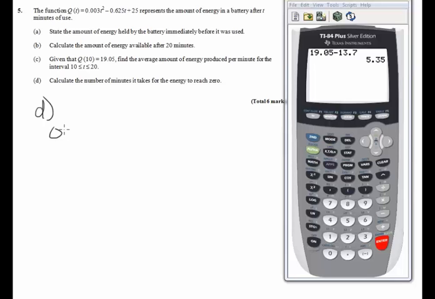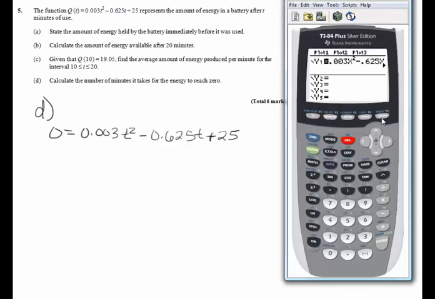So 0 equals, because I need to find the number of minutes, which is t. A few ways to do that, but the easiest way will be to go back to our calculator.